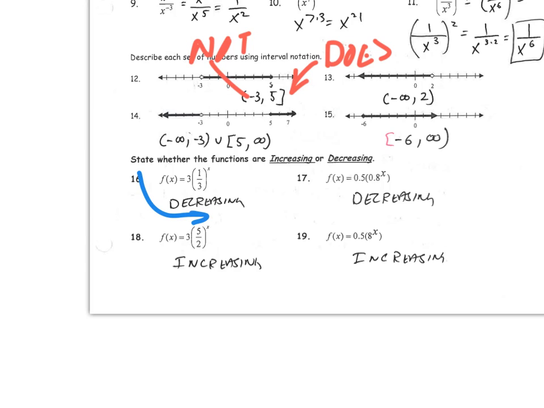This one is also a decreasing function. This one will be increasing, and this one will be increasing. That's all you're looking for. As you're going from left to right, is it dropping, or is it increasing? That's increasing and decreasing.